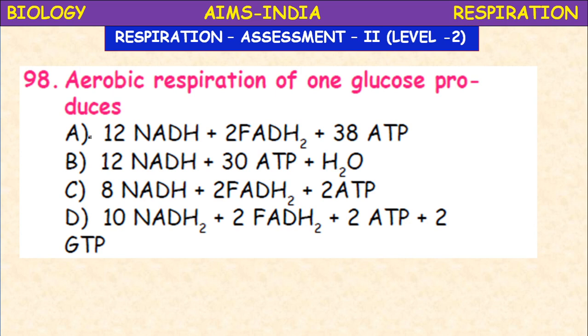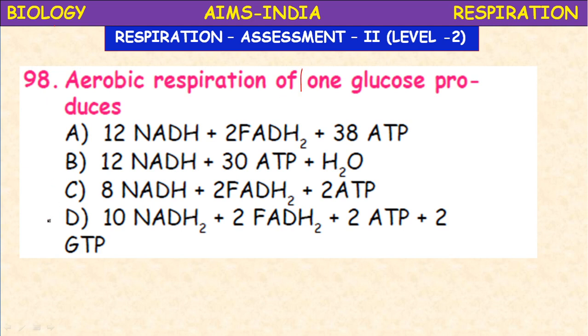So you have to have an idea of the end product, the number of ATPs produced, so that is 38 ATPs. Here you have to calculate. So this is option D.